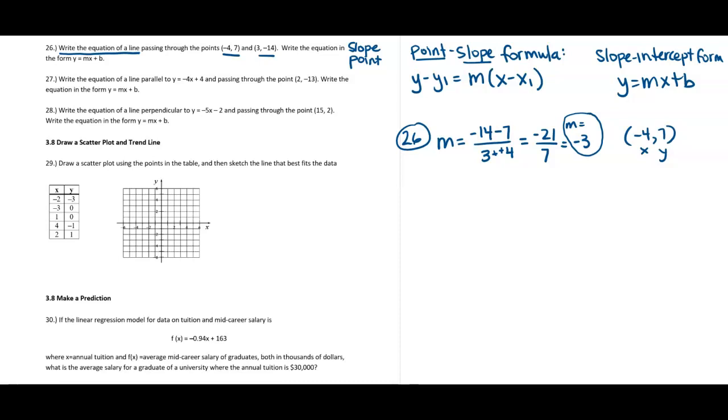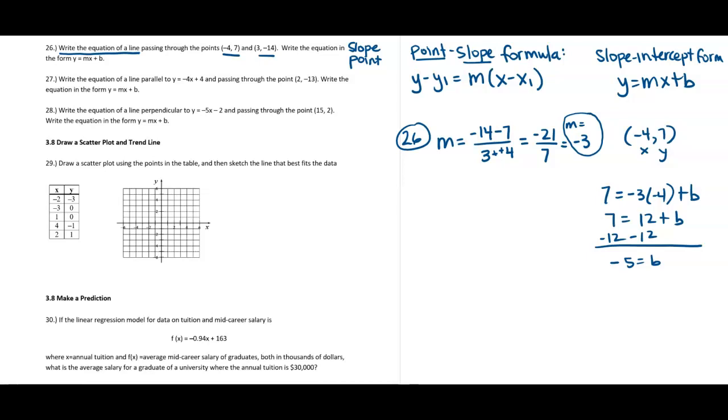So let's do that. In place of my y, I'm going to put 7 equals, in place of my m, I'll put negative 3, in place of x, I'll put negative 4, and then all I have left is my b, my y-intercept, to solve for. So 7 equals 12 plus b, and then I'll subtract the 12 over. So b equals negative 5. All right, so I'm not done yet. I have to write an equation of a line.